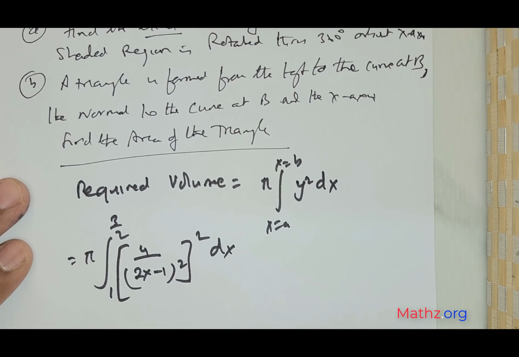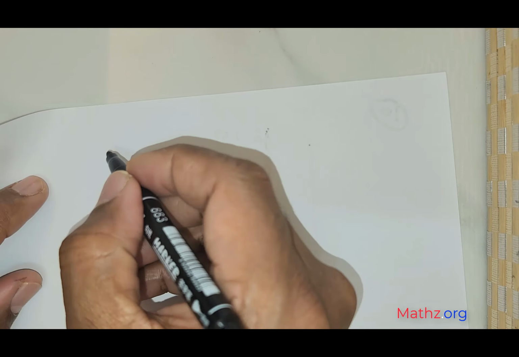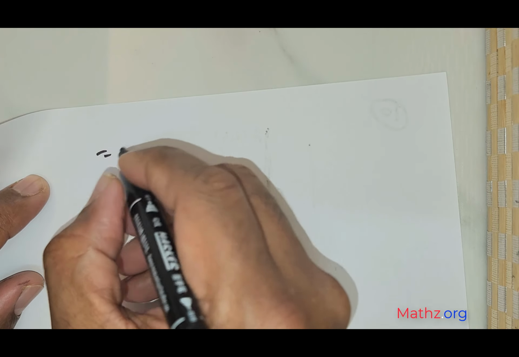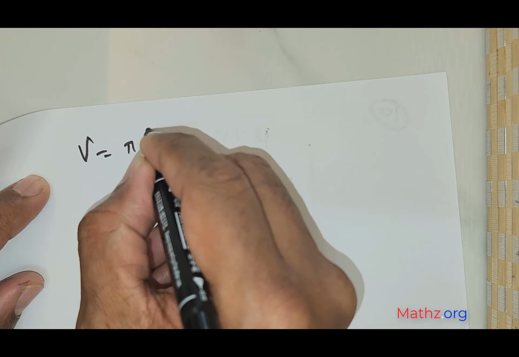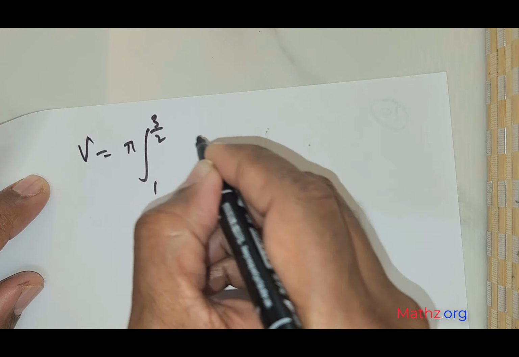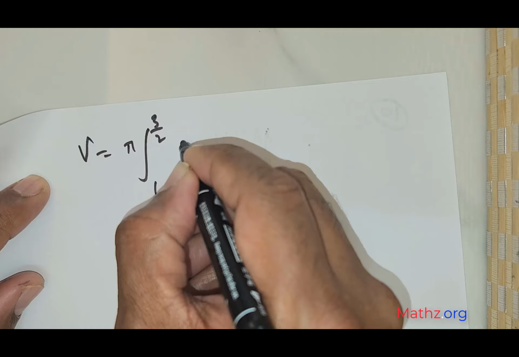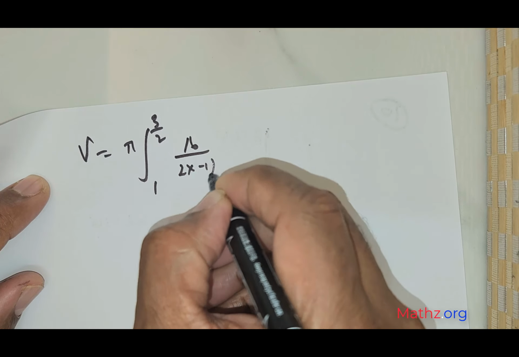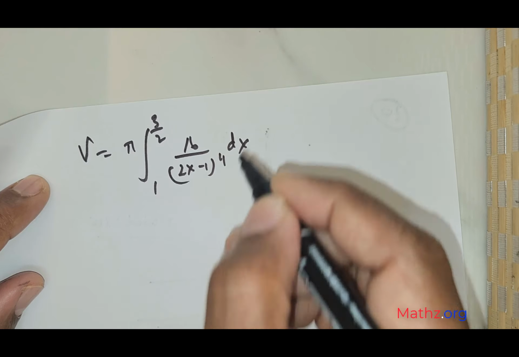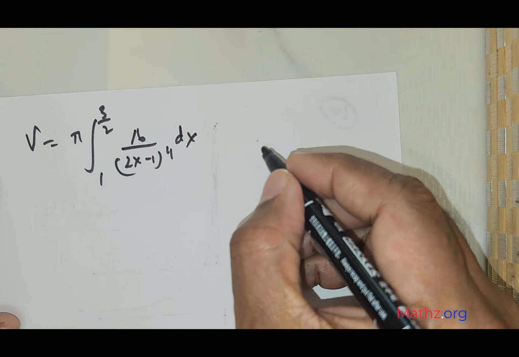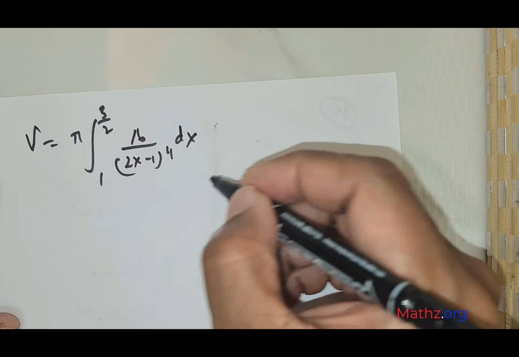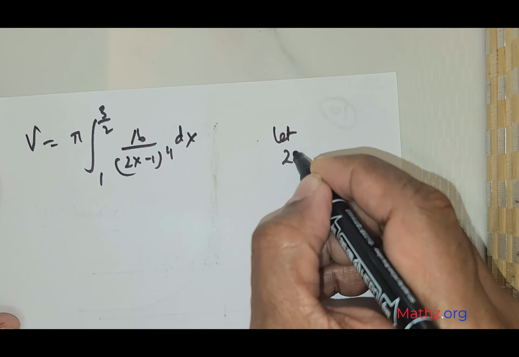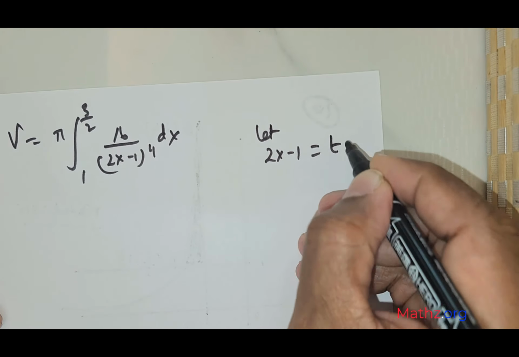Okay, so we have to integrate this. So let me write the integration over here. V is equal to pi times integral from 1 to 3/2. So 4 squared, that is going to be 16/(2x-1) raised to the power of 4 times dx. How do we integrate this? So what I'm going to do is I'm going to let 2x-1 is equal to t.